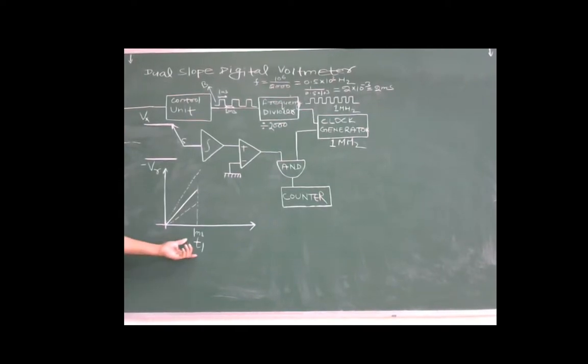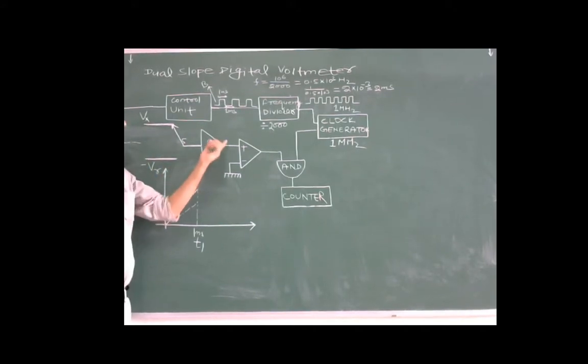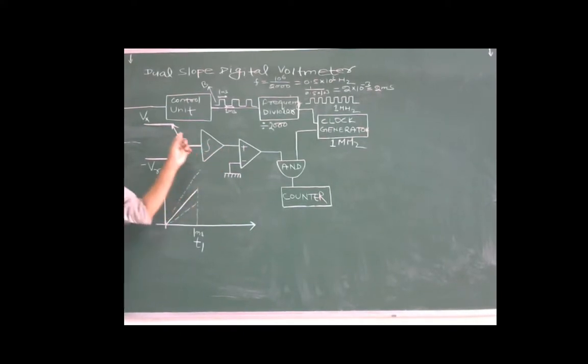Now, after 1 millisecond, automatically this signal will go low, and when it goes low, this control unit will switch this switch from Vx to minus Vr, and the output of this integrator will start decreasing, because the integrator will produce a negative slope.